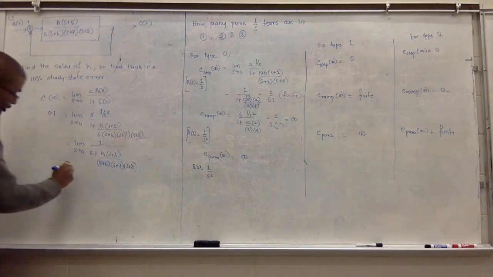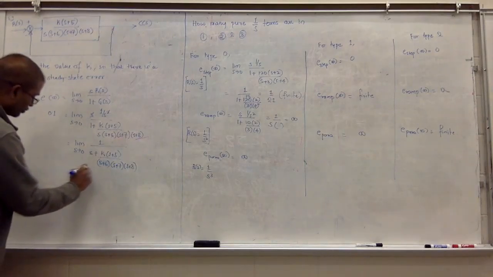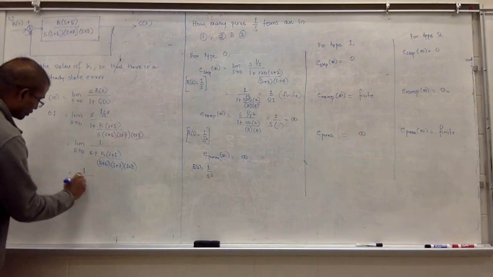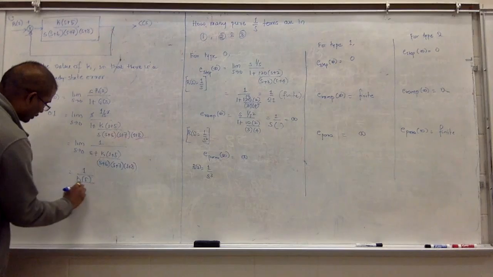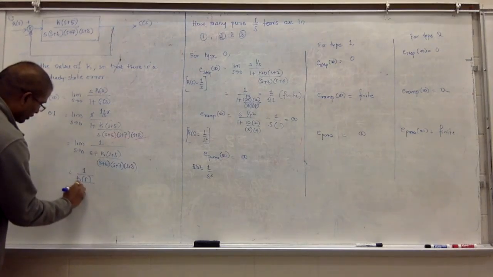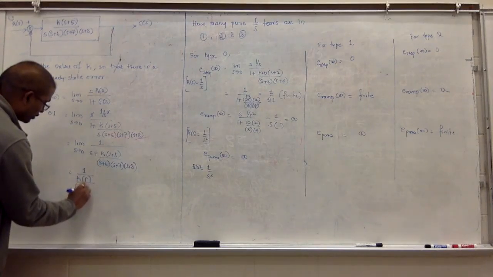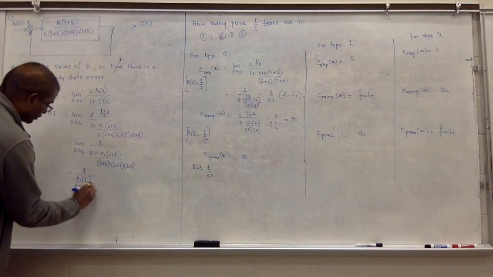So this will be 1 over K into 5 divided by 6 into 7 multiplied by 8.